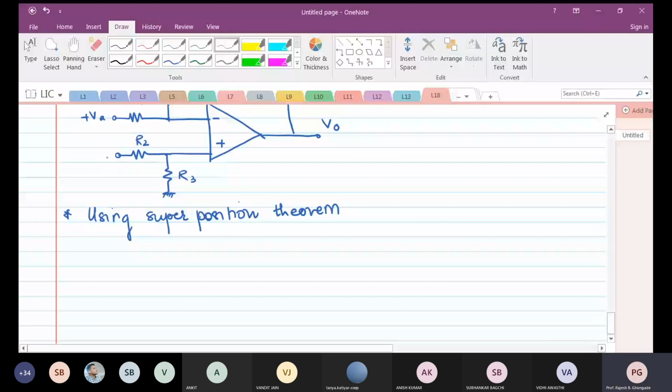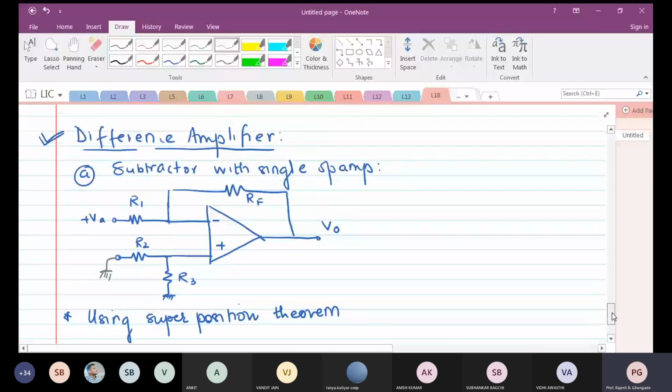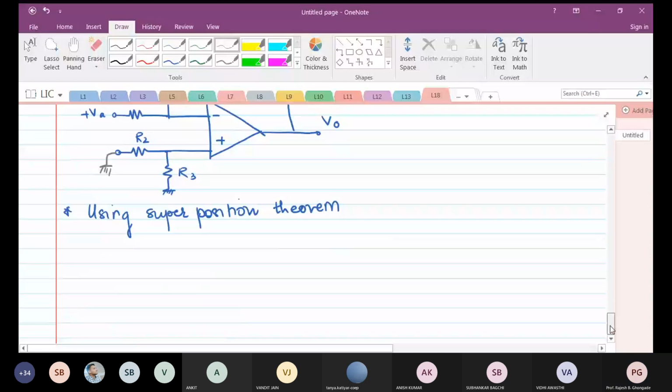Now what do I get? What is the configuration that I get? This is this configuration, by the way, when this is grounded. If VB equal to 0, it is a simple... which amplifier?